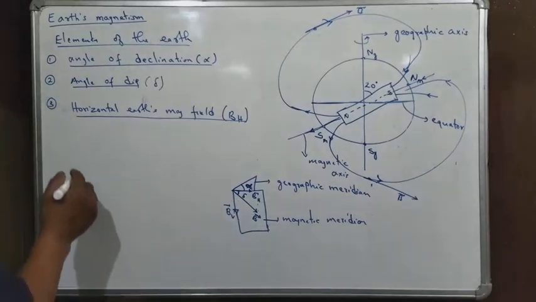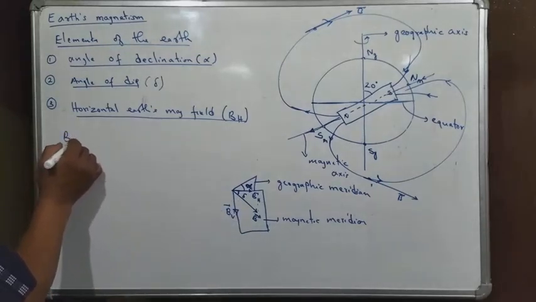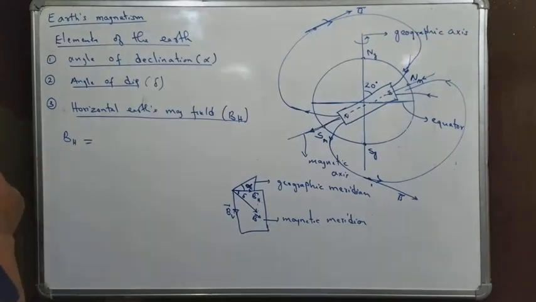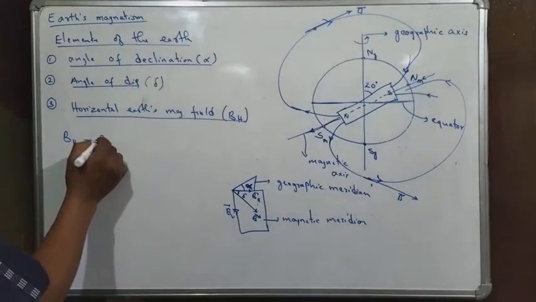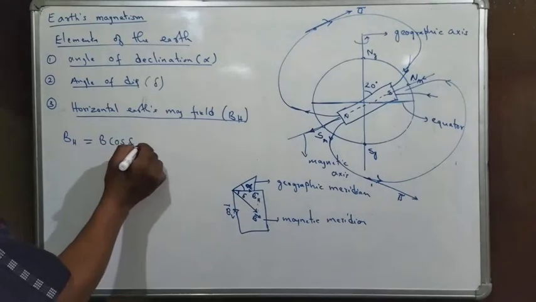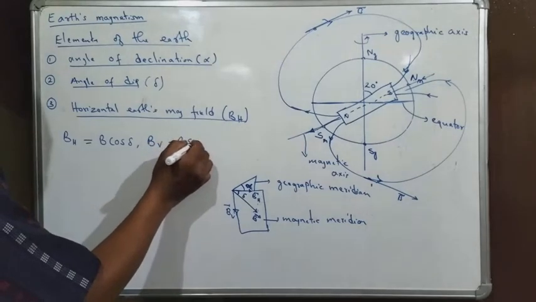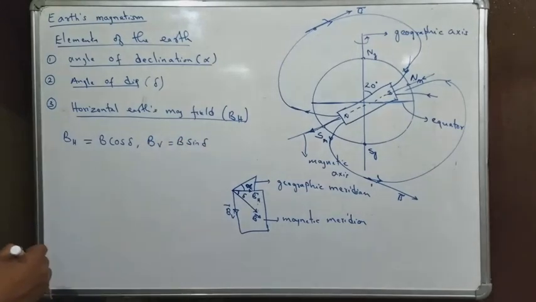Looking at this figure, I can say that BH, the horizontal component of Earth's magnetic field, is equal to B cos delta, and BV is equal to B sine delta.